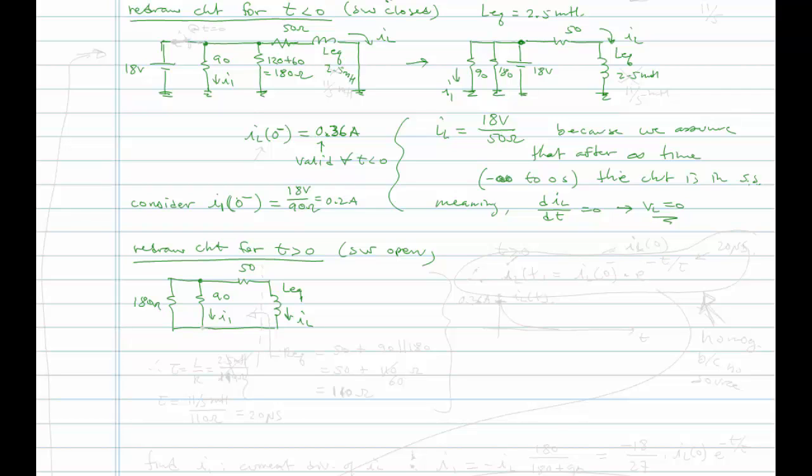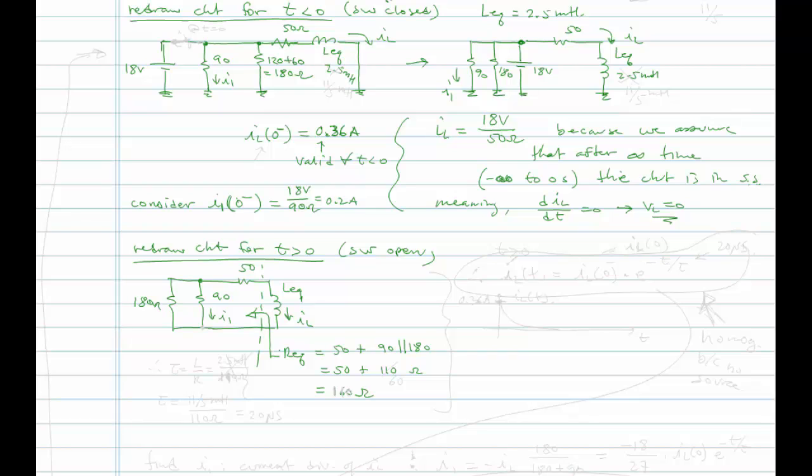Now, the equivalent resistance that the inductor sees is going to be REQ equal to 50 plus 90 in parallel with 180, which is equal to 50 plus 110 ohms. So REQ is 160 ohms.